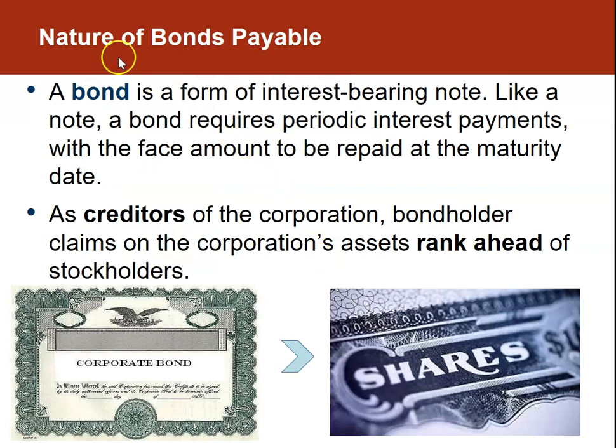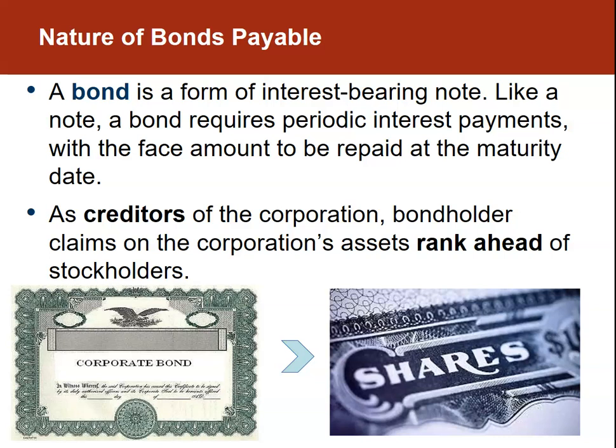Okay, so the nature of bonds payable. So a little bit of good news here. It says that a bond is a form of interest-bearing note. And so when we talk about an interest-bearing note, if we recall just to the chapter before this one, we had some short-term notes payable where we had to account for the fact that we were borrowing for less than 1 year.